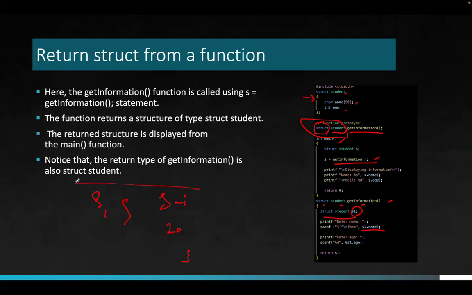Now, this structure s1 returns after executing this function. s1 gets returned and assigned to s here. Now, this s dot name, which is Sai, gets printed over here, and s dot age, which is 20, gets printed over here.